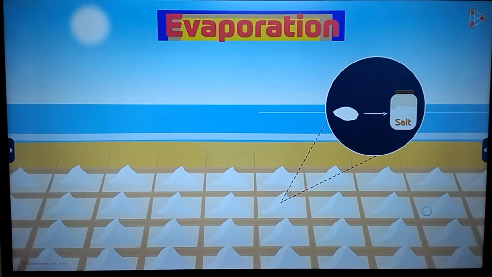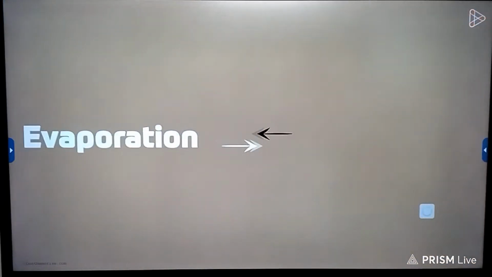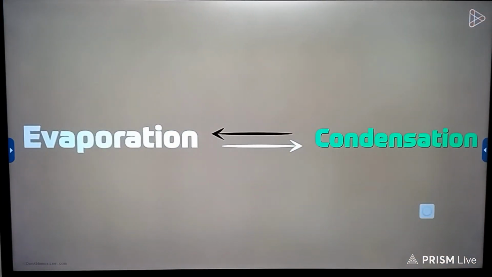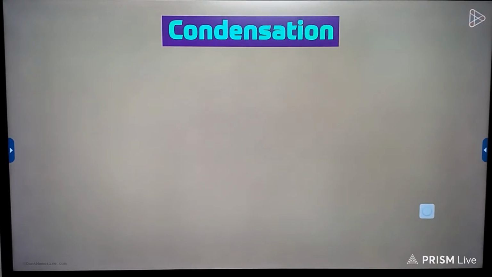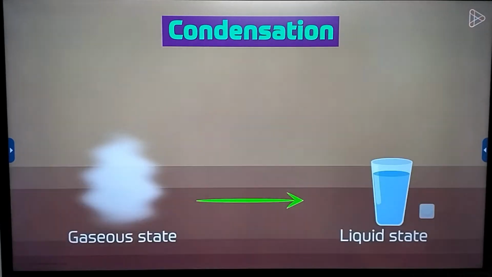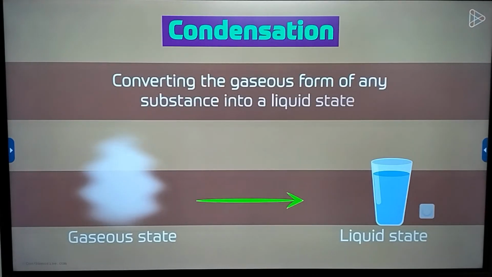This is how evaporation of seawater helps us obtain salts that can be processed further to gain the daily used common salt. So evaporation is very useful in separation of substances and it's exactly opposite of condensation. What is condensation, by the way? As I just said, condensation is the opposite process of evaporation, which means converting the gaseous form of any substance into a liquid state. So in case of steam, it's converted to its liquid form, water.